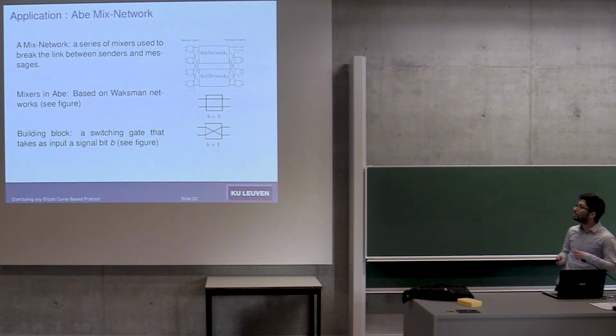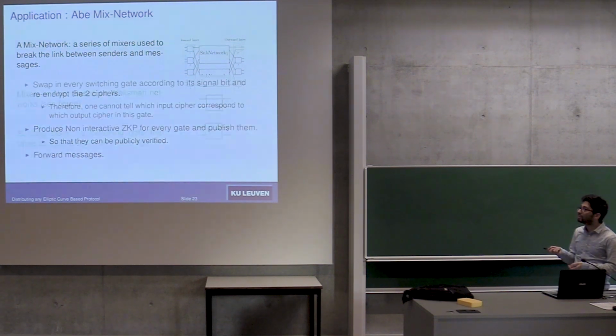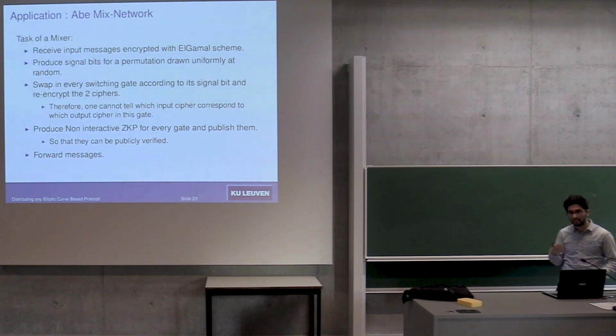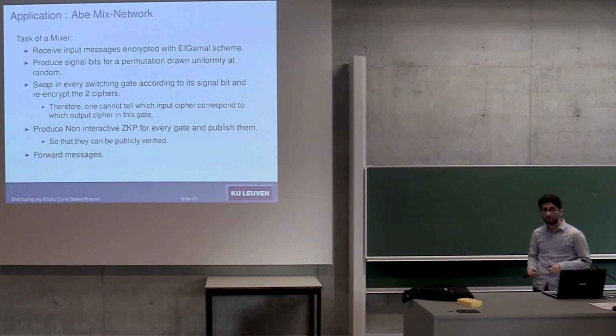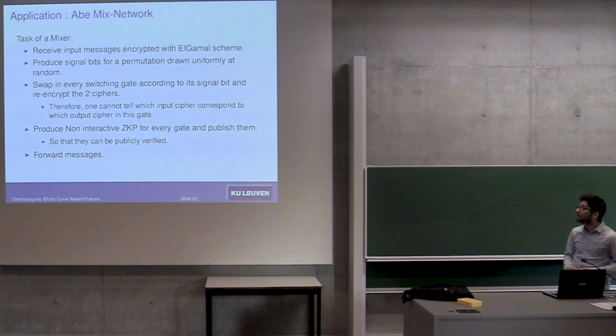And before showing you how we distributed it, let's first see what is the task of a mixer in a mix network. Well, the mixer first receives input messages encrypted using ElGamal, and the mixer needs to produce signal bits that correspond to a permutation that was drawn at random.